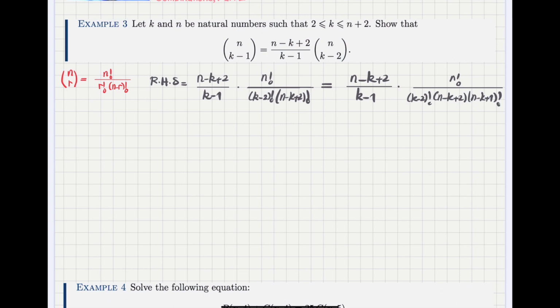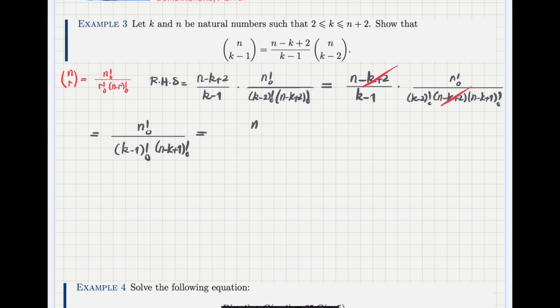Then you see that this one and that one are cancelled. What you get is n factorial divided by, I multiply this by that, k minus 1 factorial, and after that I have n minus k plus 1 factorial.